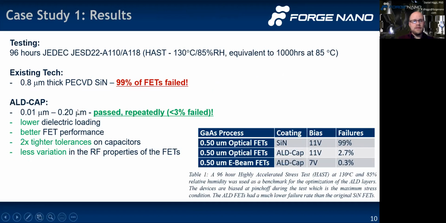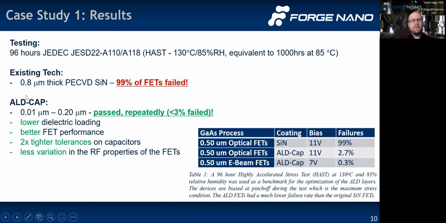So we tested the standard existing technology against our ALD-CAP technology, both under the same conditions, which were 96 hours with a HAST, or an extremely harsh accelerated testing, of 130 Celsius and 85% relative humidity. For those of you that are familiar with accelerated testing, it's quite common to do an 85-85. And in terms of how we relate to that, about 1,000 hours of 85-85 is equivalent to 130-85.